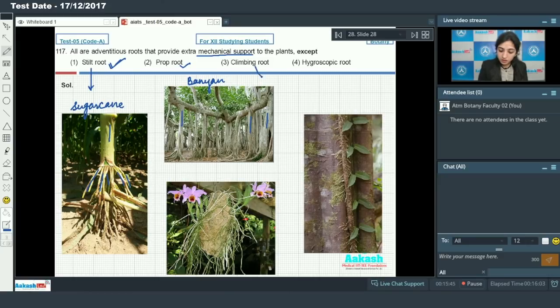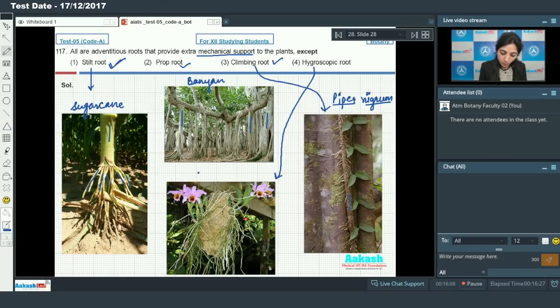Climbing roots. This is the climbing root which is found in Piper nigrum or betel plant, and it provides mechanical support to the plant. So this is also true. Hygroscopic root.